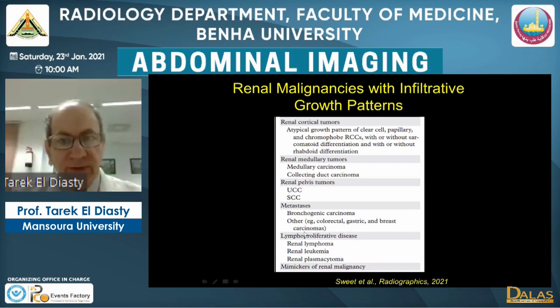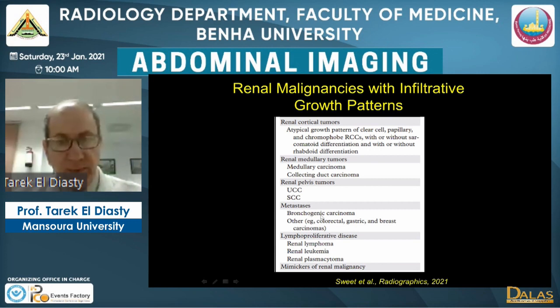This is the infiltrative growth pattern. Some atypical renal cell carcinoma with its three types, clear cell, papillary, and chromophobe renal cell carcinoma, can be atypical and show this pattern. Renal medullary tumors, medullary carcinoma, and collecting duct carcinoma, which is known as Bellini duct carcinoma. Renal pelvis tumors, urothelial cell carcinoma, and squamous cell carcinoma.